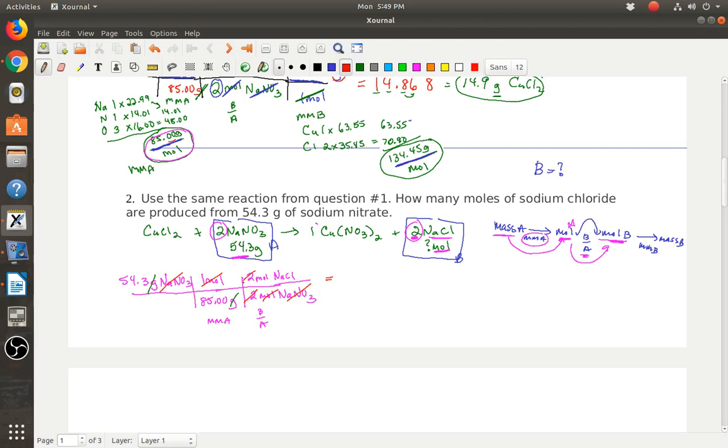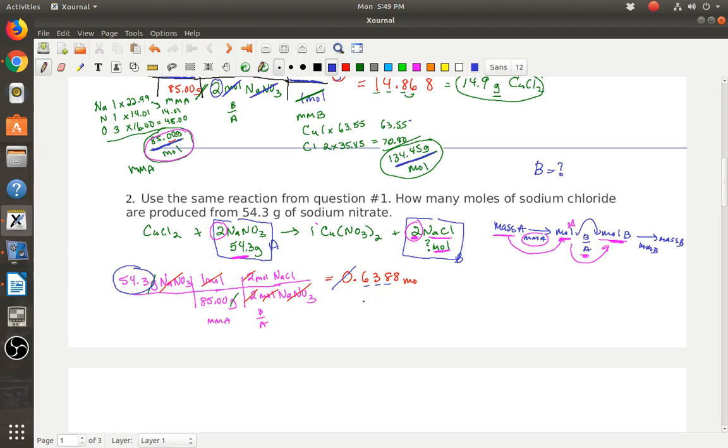All right, this time I'm just going to do the math here. 54.3 divided by 85 grams ends up being 0.6388 moles. Now check sig figs. 3 significant figures, 1, 2, 3. Leading zeros are losers.